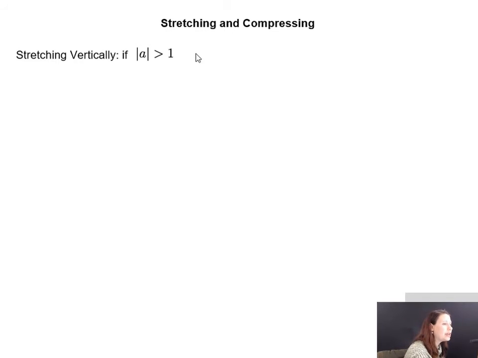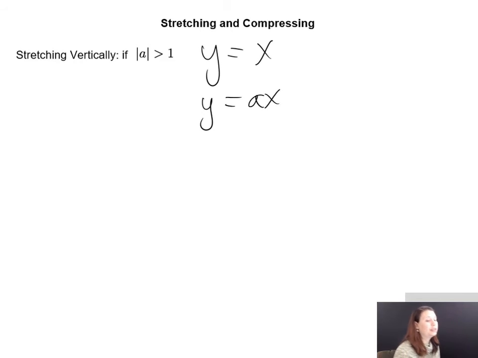If we have the function, let's think about just the identity graph again, y equals x. Well, A would be y equals ax, right there in front. It's the slope in this instance. We don't always have slope to talk about in the same way on other functions, but in this parent graph, A is just the slope.